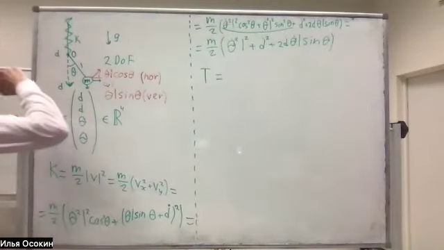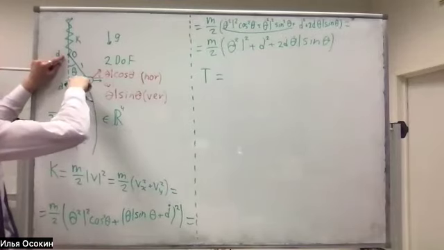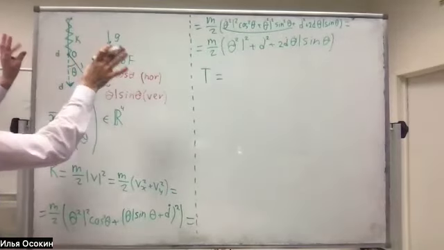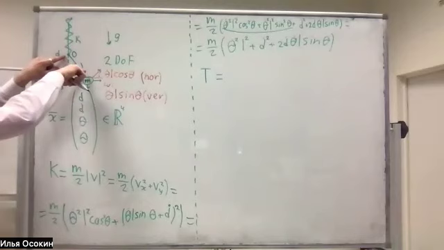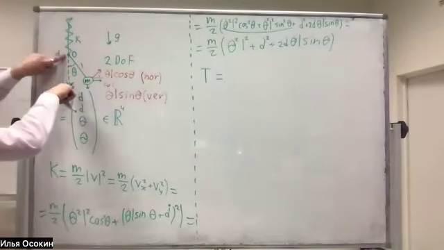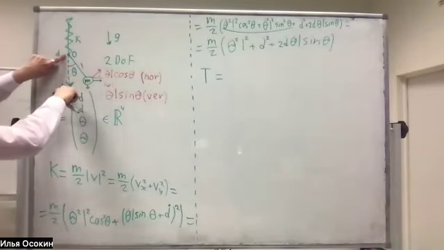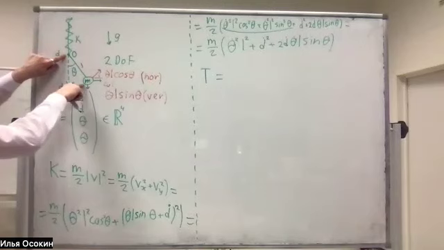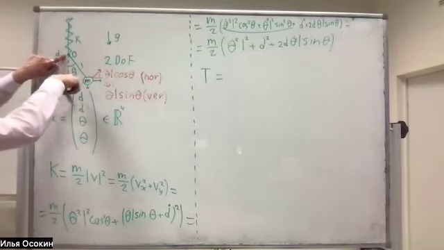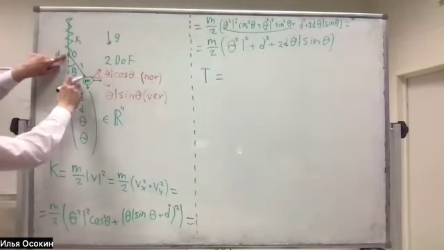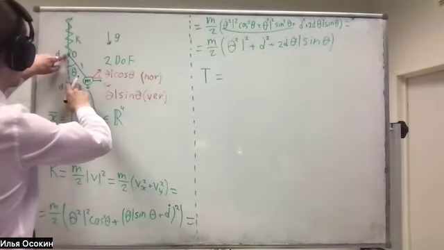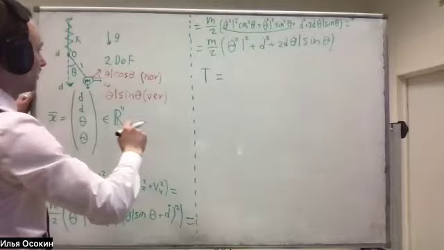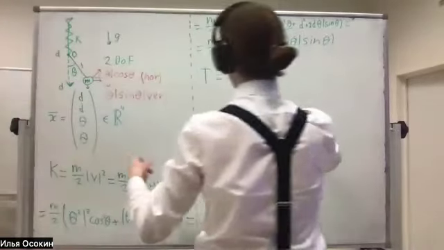If everything is relaxed, the zero position is d is 0, theta is 0, the pendulum is hanging over here. If the pendulum is moving upward, the potential energy grows. So I'm going to write it down like this.